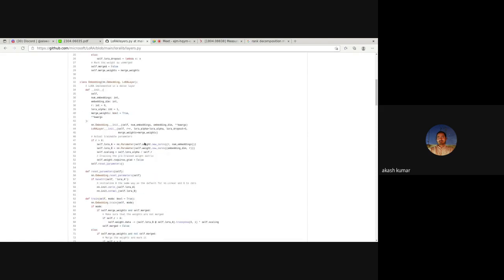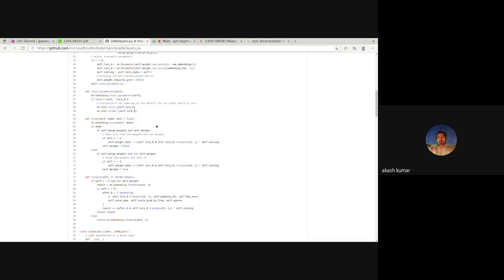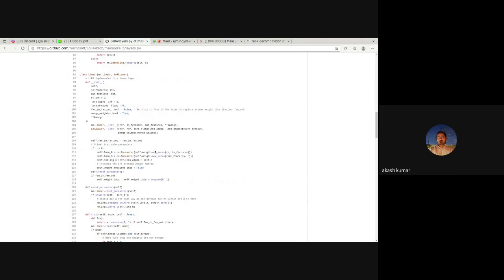So they have defined different classes, like an embedding class and a linear layer, so that these can be easily included. If we talk about this linear class, which involves both LoRa and nn.Linear, here they initialize the linear layer that they had initially, and with that they also have a LoRa layer which has the same properties we just discussed.